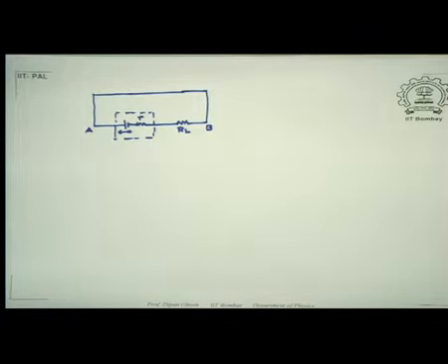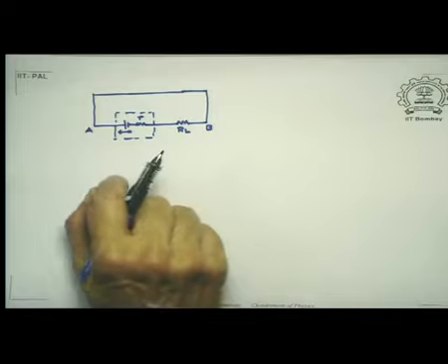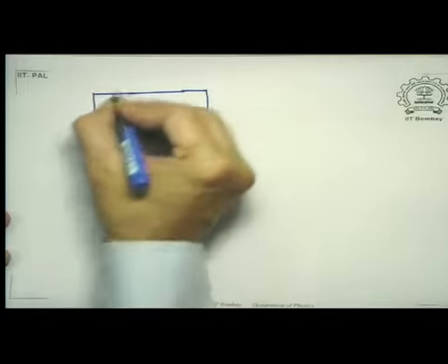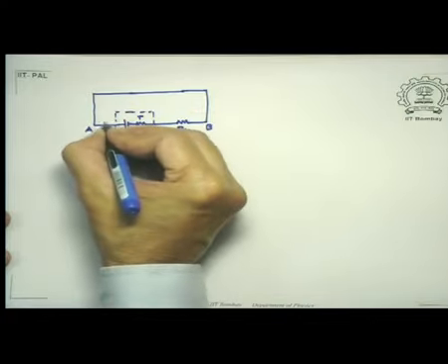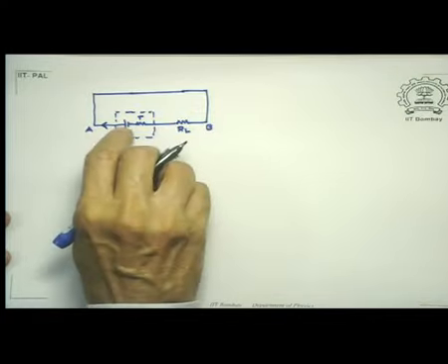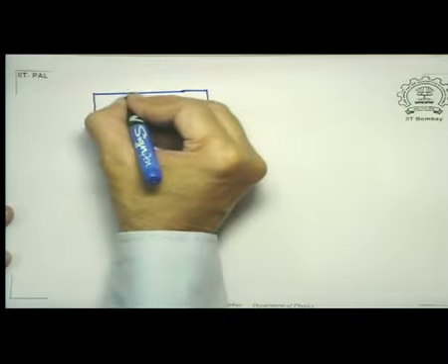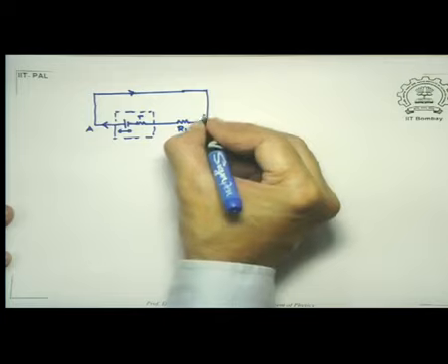Let us look at the current in this circuit. Supposing I go in the direction of current, going from the point A to point B. Say this is likely to be the direction of the current because the positive terminal is on this side. So when I go from A to B, there is no drop.